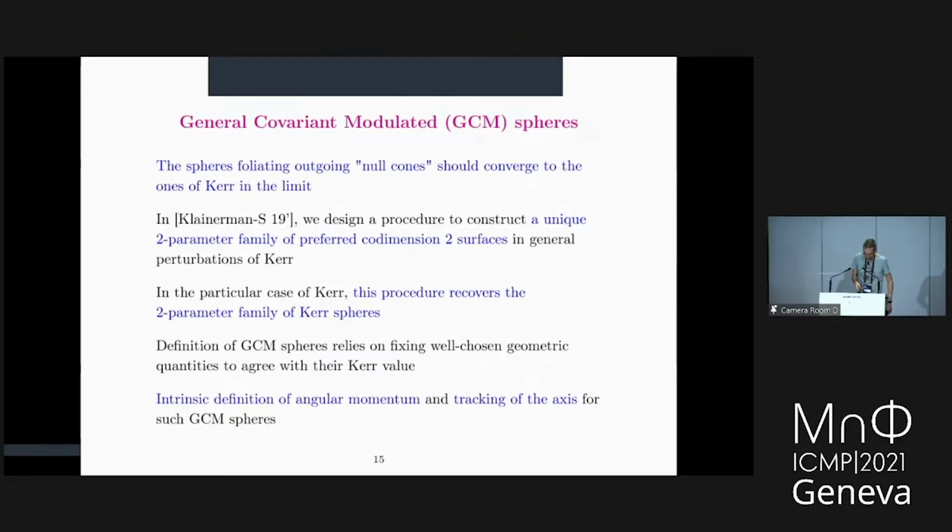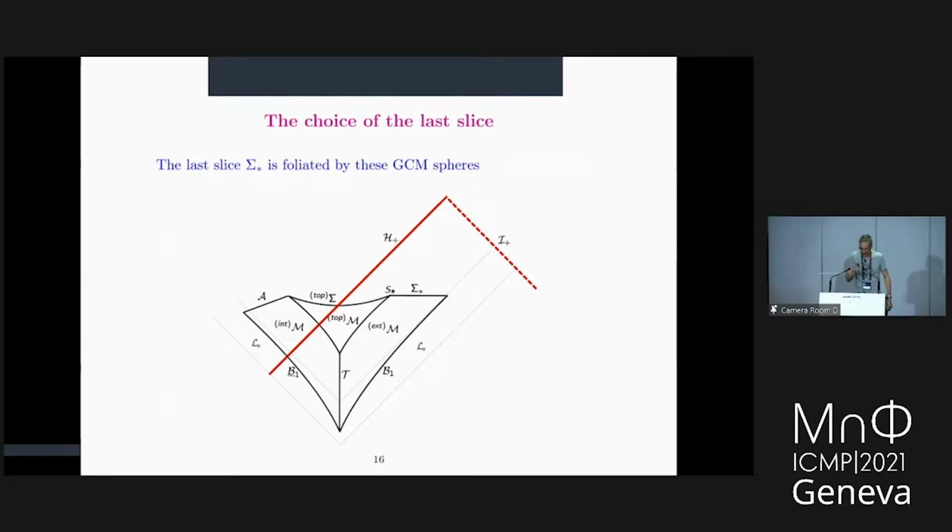Okay, so finally, maybe one further explanation on these spheres. Where do we actually have to construct these spheres? So let me go back to the picture of the bootstrap spacetime. These spheres are there to construct this sigma star. Recall that this sigma star is what rigidifies the spacetime, and recall that you want to properly choose it so that you actually see convergence to Kerr.